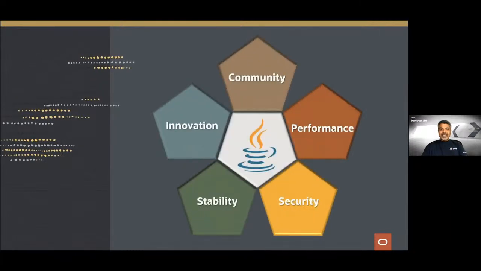Now, today's event is going to focus on Java from 5 dimensions. We're going to cover all of the new features that are innovative in terms of what's offered in Java 16. We're also going to cover features that are addressing application performance, but also at the same time being able to keep your application stable in your production environment. You're also going to hear information and some exploration in terms of how Java is also remaining secure.